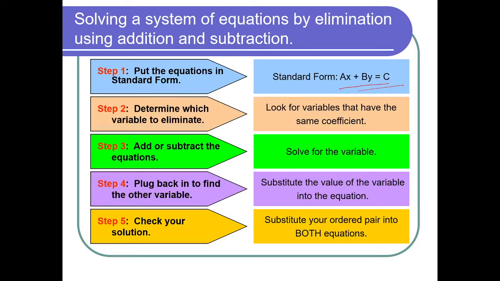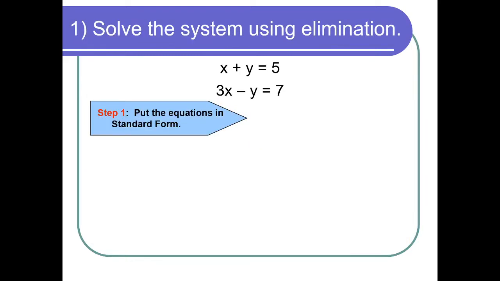So let's begin. Let's apply the 5 steps in our first example. Okay, so see to it that our equations are in standard form. Examine equation number 1. Is this in standard form? Yes, it is. X comes first, followed by y, and the constant term.